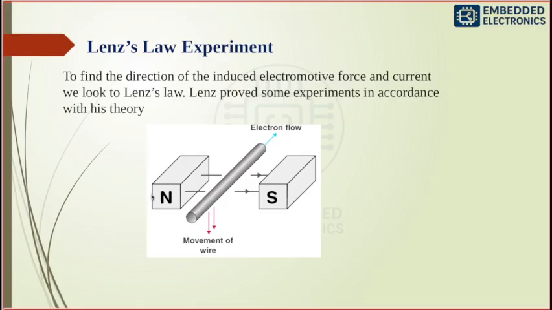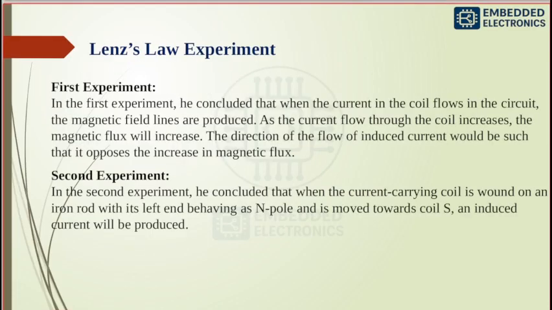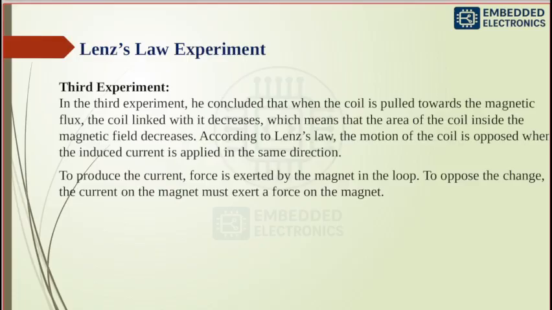Why? Because north and north repel. It is trying to push your magnet away to stop the change. The pushing energy is what creates the electricity. So it's like a repelling gust, isn't it? This is about the second experiment, and next is the third experiment.